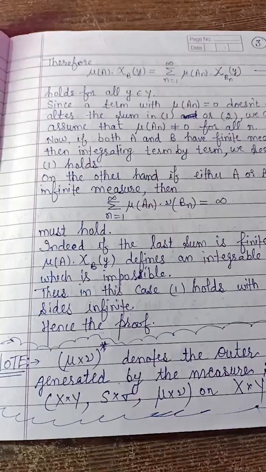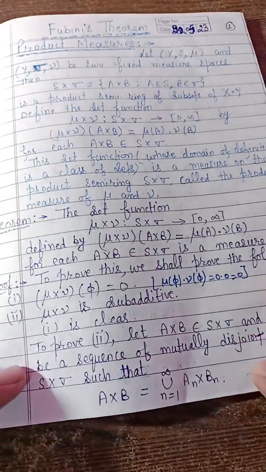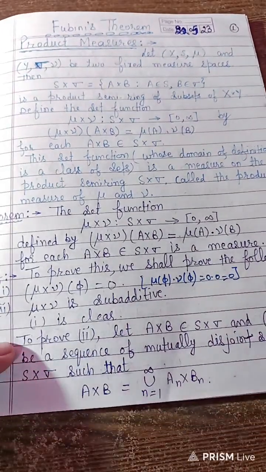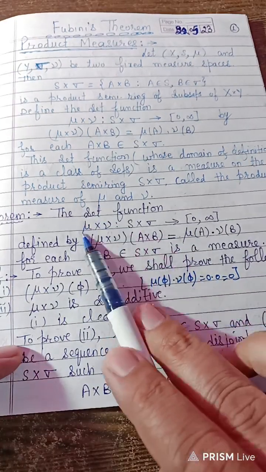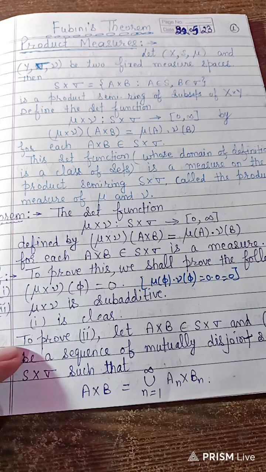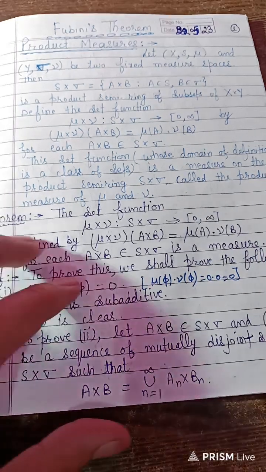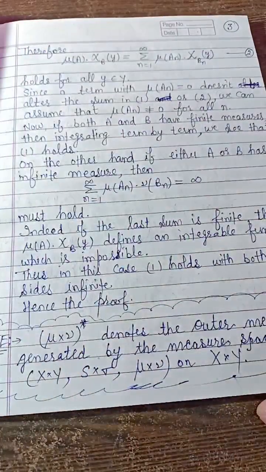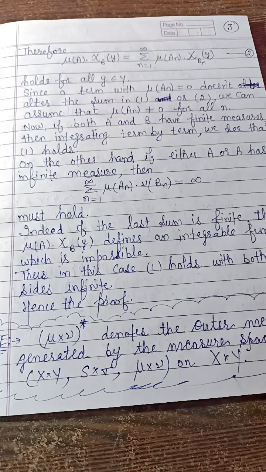And that's why, my dear students, we can say that this mu cross nu, the set function, is a measure. So you understand this theorem. In this we have proved that mu cross nu is a measure.